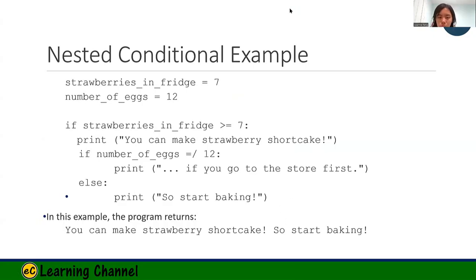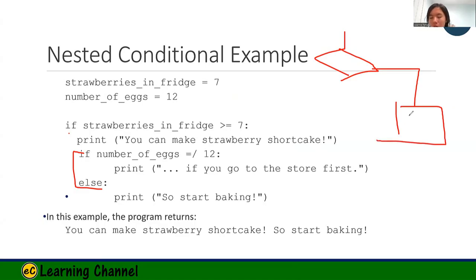Nested condition. Nested condition is inside your if. You have another if else. This one you need to know about. You may have the decision strawberry in fridge greater than or equal to 7, you go to here. Okay, inside here, you actually make another decision.